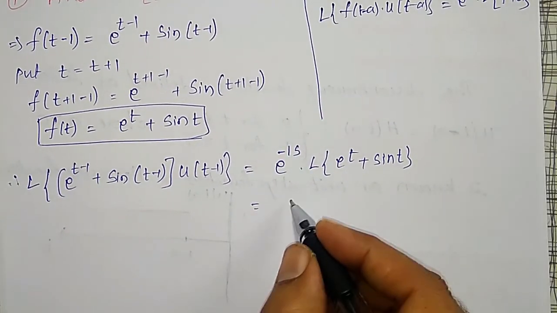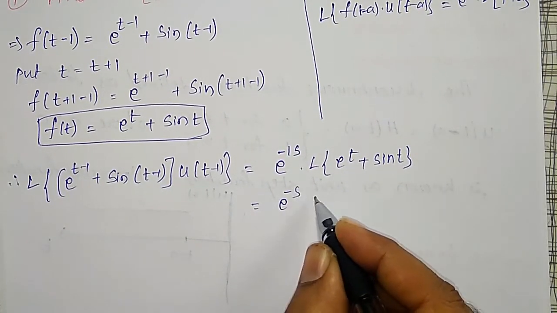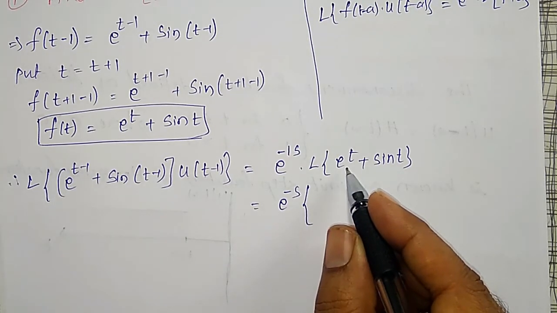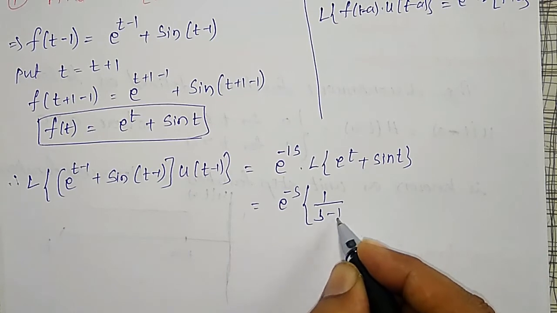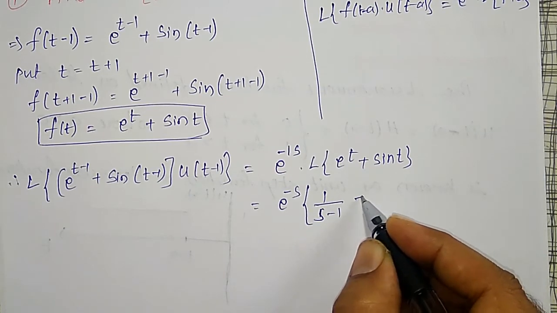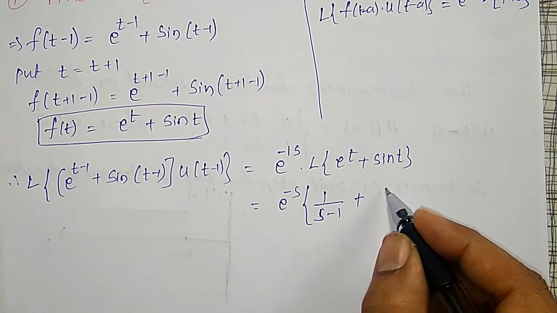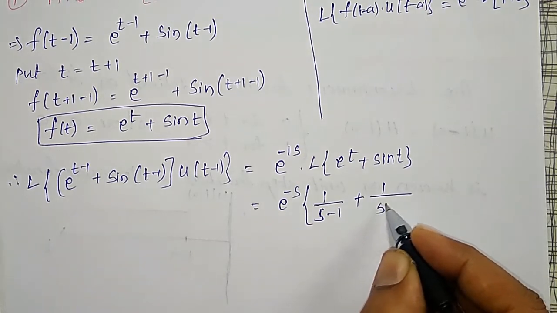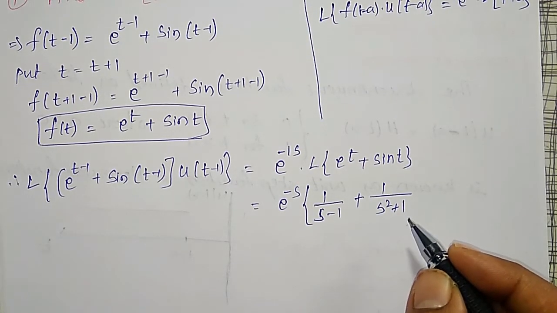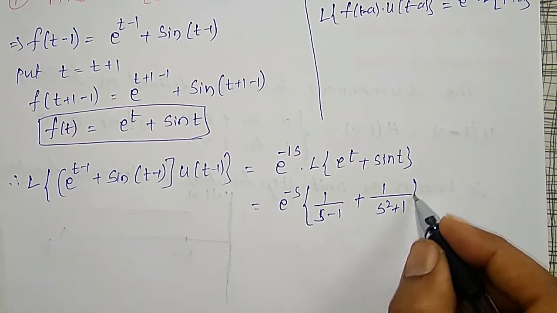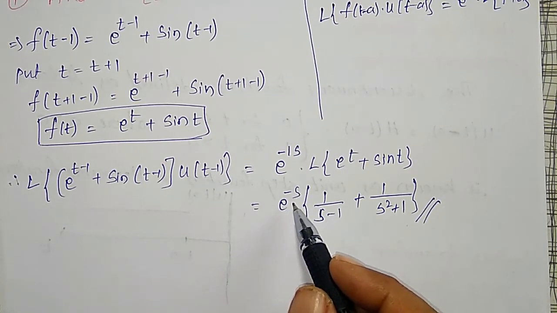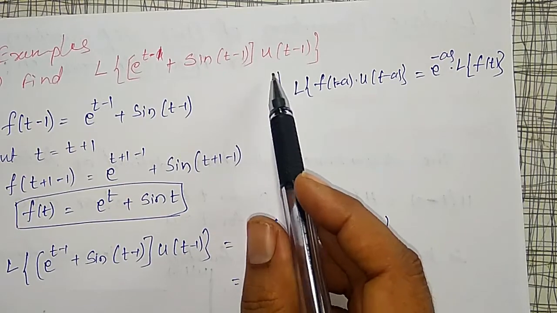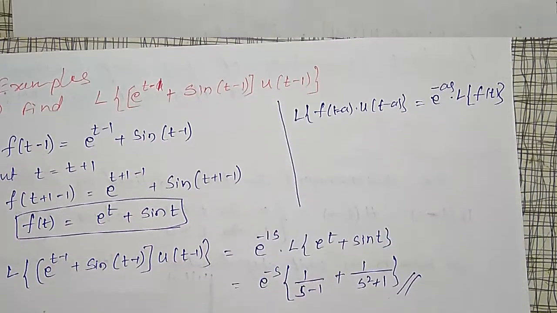That is nothing but e to the power minus s into, I know the Laplace transform of e to the power t is 1 divided by s minus 1, plus the Laplace transform of sine t, which is 1 divided by s square plus 1. This is my required Laplace transform. The only extra thing is e to the power minus s multiplied due to that unit step function. Like this. Another example.